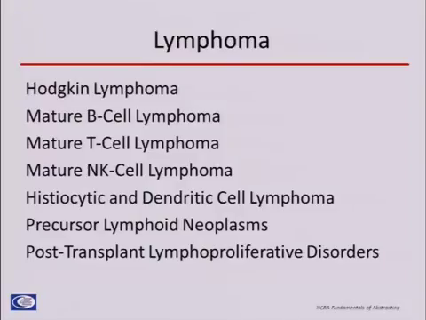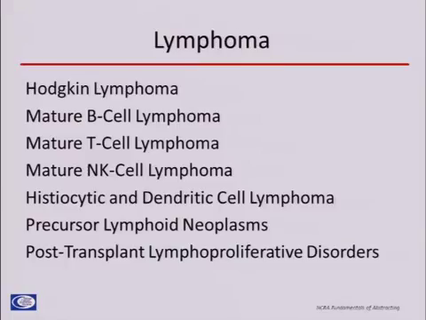We have lots of different types of lymphomas. There are Hodgkin lymphomas, mature B-cell lymphomas, mature T-cell lymphomas, natural killer cell lymphomas. I've seen very few of those actually in my 30 plus years. Histiocytic and dendritic cell lymphomas, which the current thinking is that eventually we'll go into the B-cell group.